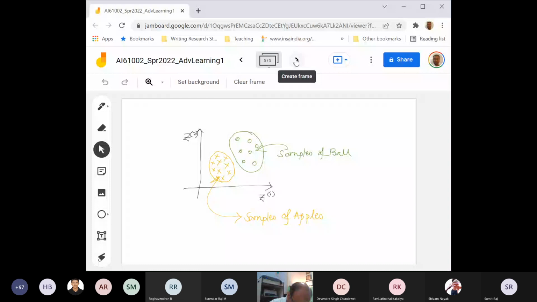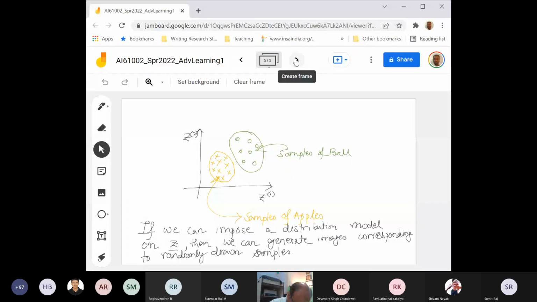So it will be very easy for you to generate images. What you need to do is randomly draw samples from this kind of a distribution model, and from there you will be able to generate these images as they keep on coming.